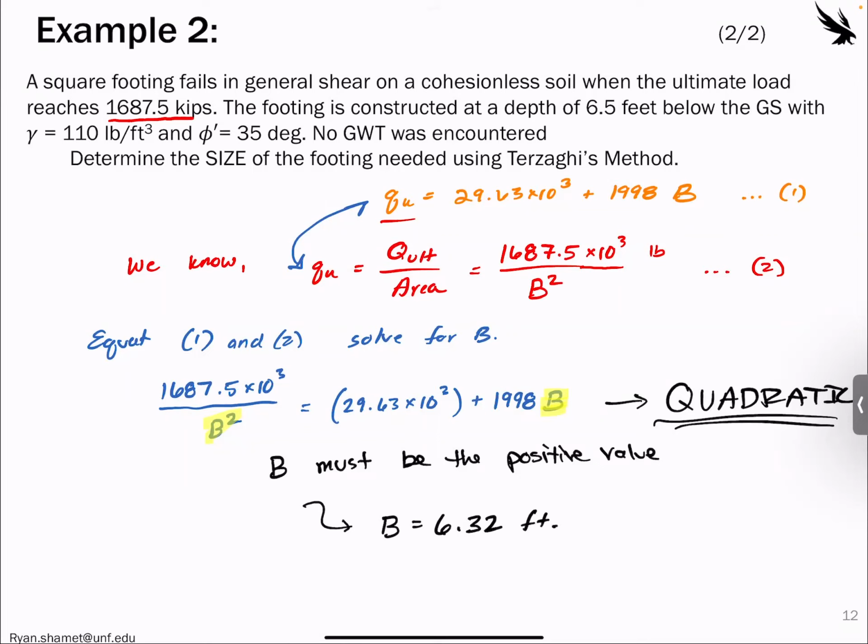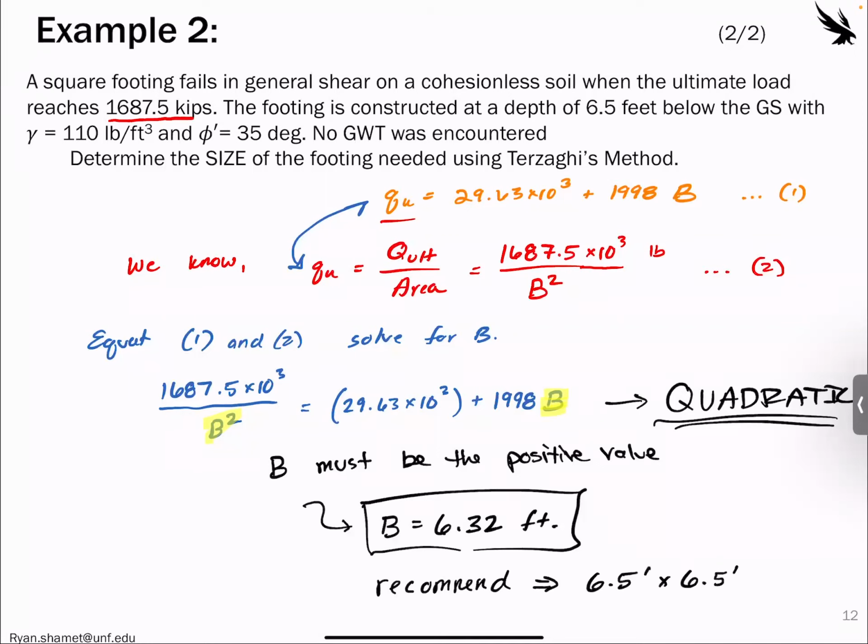So you would not tell the contractor, okay, we need to build this 6.32 feet. What you would do is recommend something like 6.5 feet by 6.5 feet.